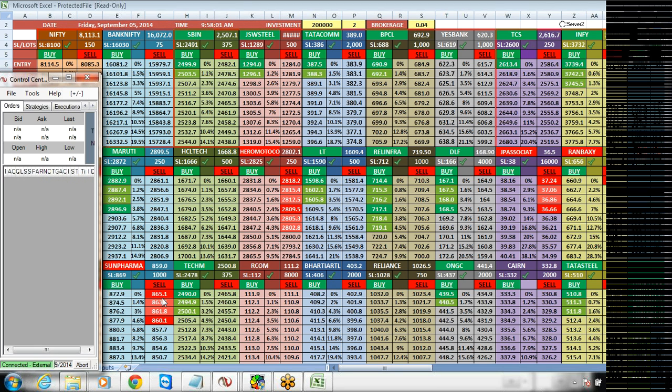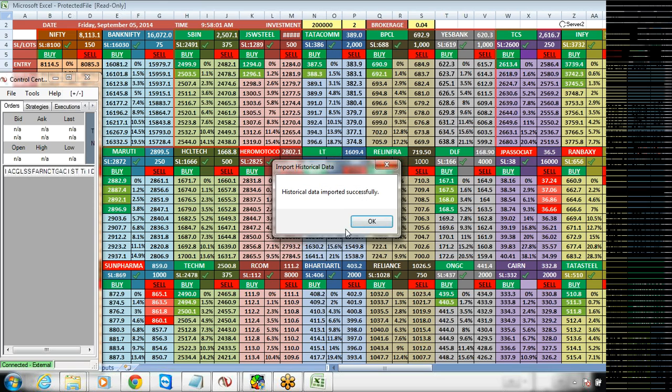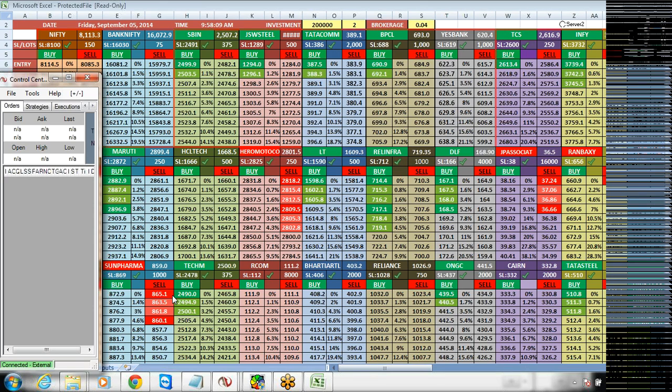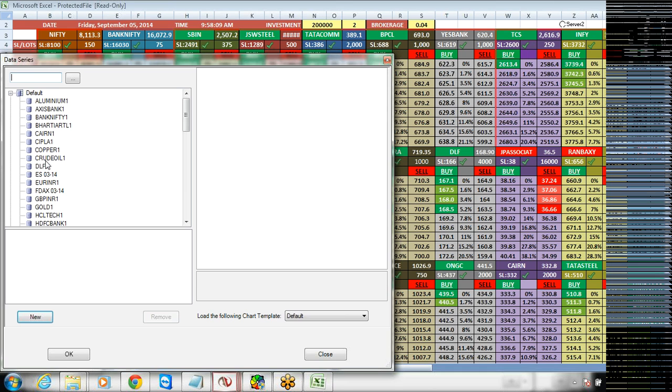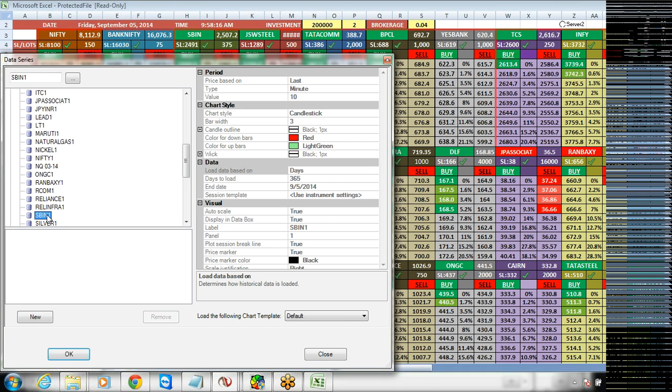So Sun Pharma, you know that we were just talking now only 865. You can short one lot, I said. Now it is at 859. So that's roughly around 6 rupees on each lot. 500 is the lot size. So roughly around 3,000 rupees is your profit.